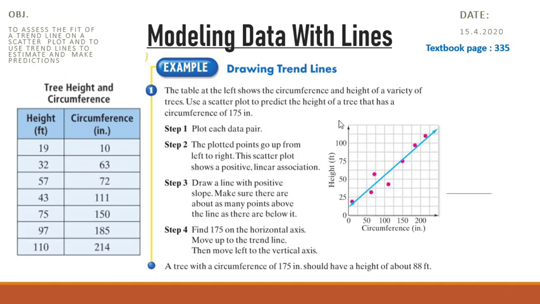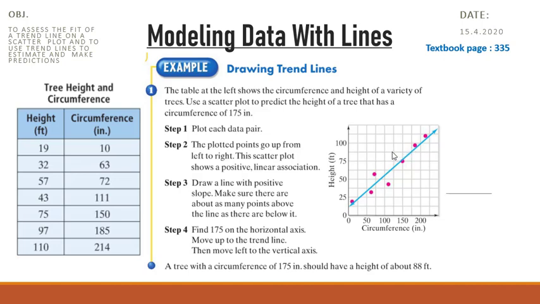In the question, use a scatter plot to predict the height of a tree that has a circumference of 175. After drawing the trend line, it's easy to find 175. It's here, and go up and see the intersection point with the trend line.